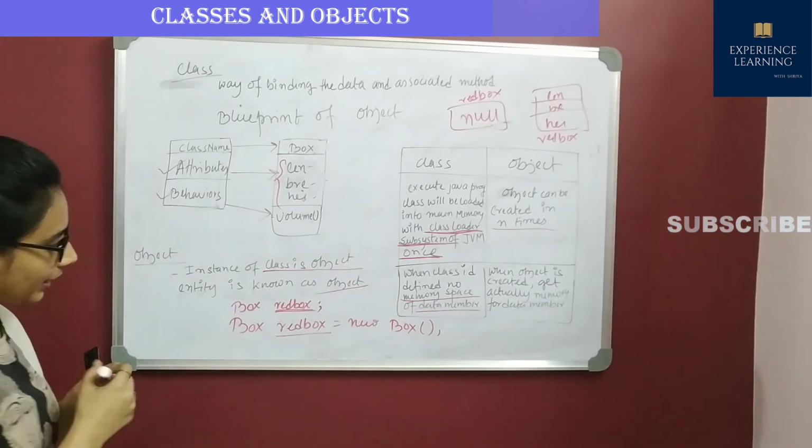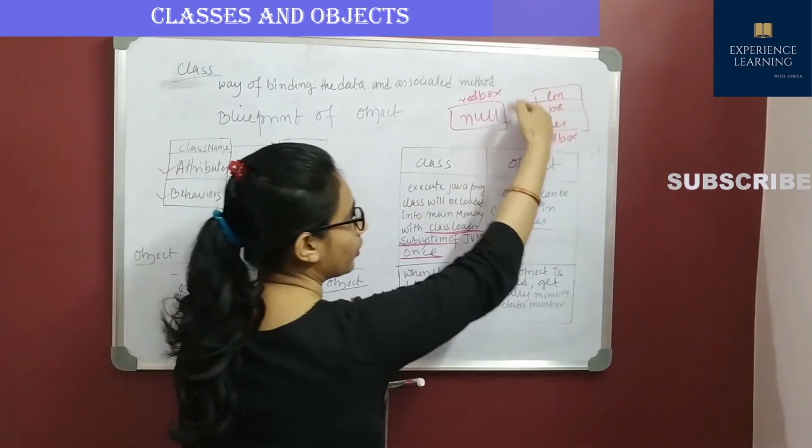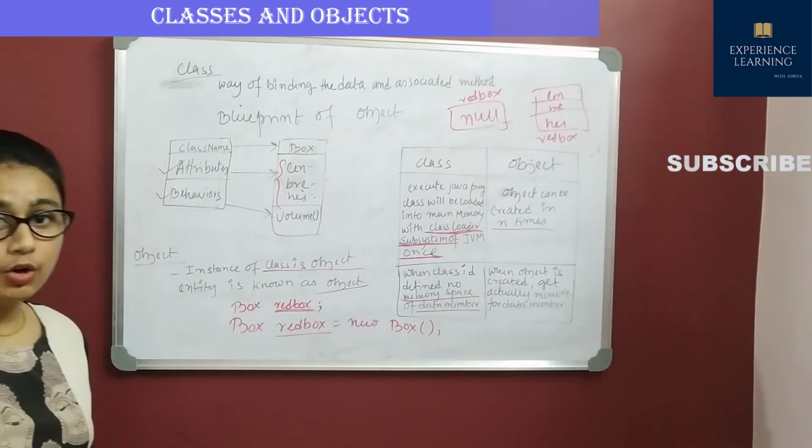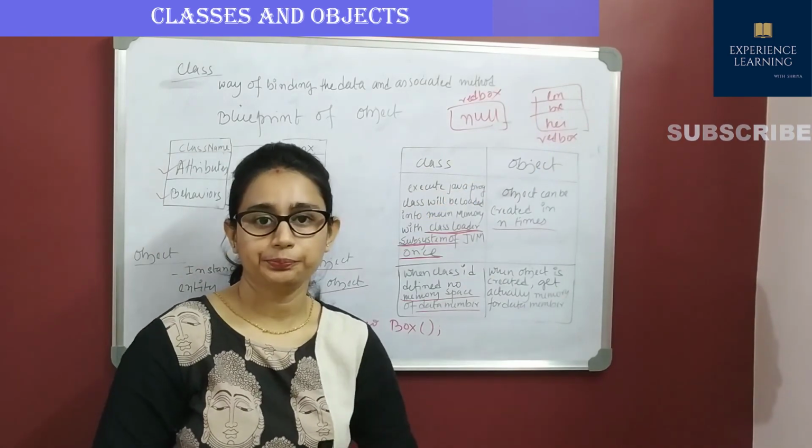If you are creating n number of objects, for each object it will allocate this amount of memory from the heap area. See this, from the heap area.